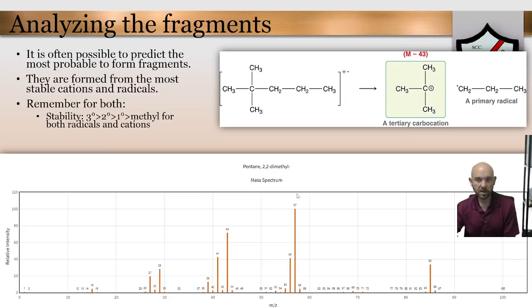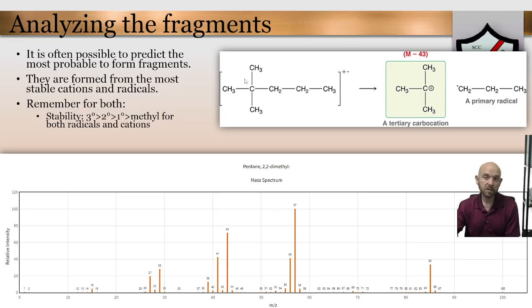So we're assuming that the fragment with the mass of 57 will have this structure here, and the lost uncharged radical that's not detected, with the mass of 43, is the propyl radical. We can make other predictions about the masses of other fragments, but that's the most abundant one because it leads to a tertiary carbocation.